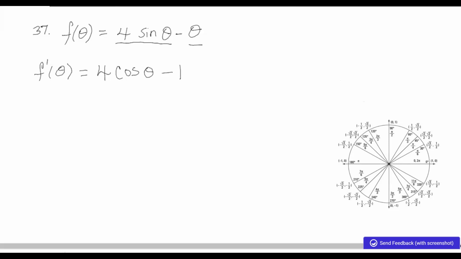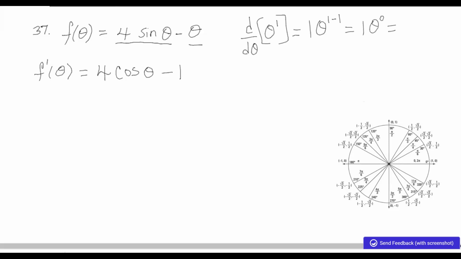How do I know? Well, you could use the power rule, just like, remember, that's going to be theta to the first power. The derivative with respect to theta of theta to the first power is equal to 1 times theta to the 1 minus 1, which is going to be 1 times theta to the 0 power.